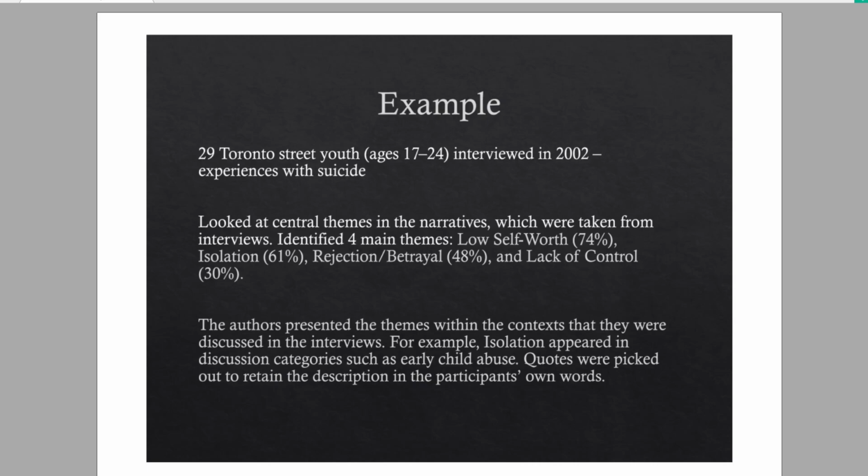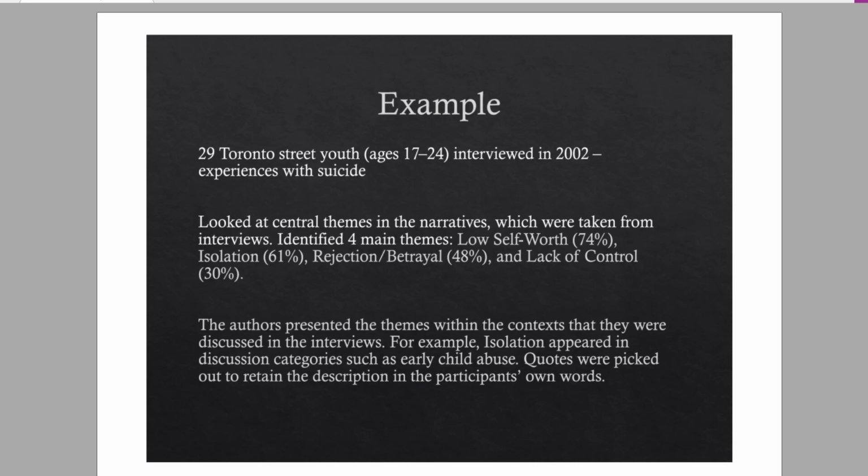So qualitative research would do different things with the narratives around the experiences that these street youths have described. One way to do that is to look at themes, a thematic kind of analysis. So in this study, they looked at the central themes in the narrative.